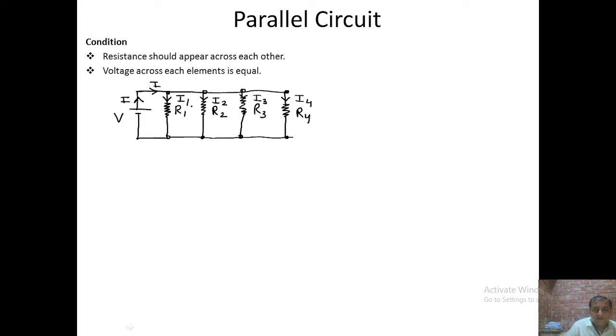So the current in the branch of R1 is I1, in R2 is I2, in R3 is I3, and in R4 is I4. So what is the overall current? The overall current I ampere is equal to I1 plus I2 plus I3 plus I4.